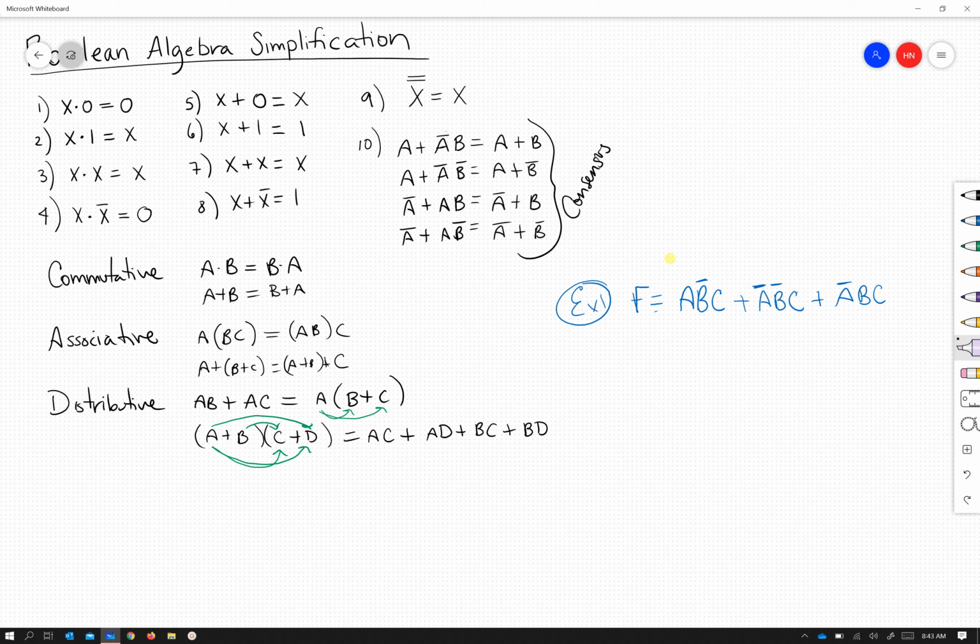Okay, so the next thing to do is to rearrange things. More than likely, you're going to have to use the distributive property, where you take a letter that is in common with multiple terms and take it outside of the parentheses. Then what's left in the parentheses, you apply rules 1 through 10.